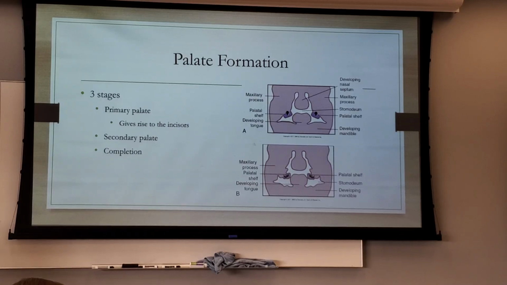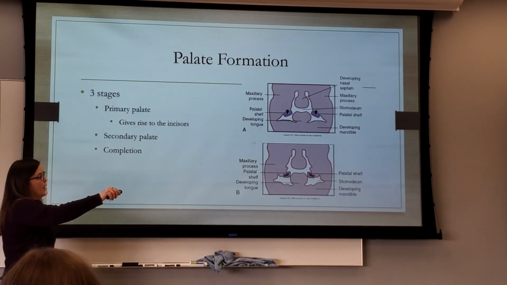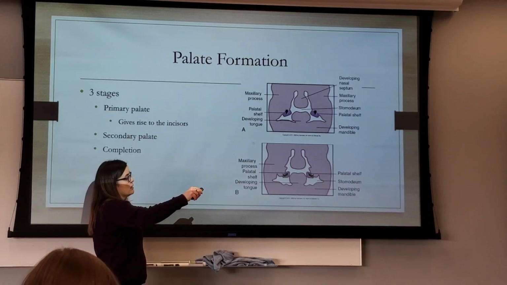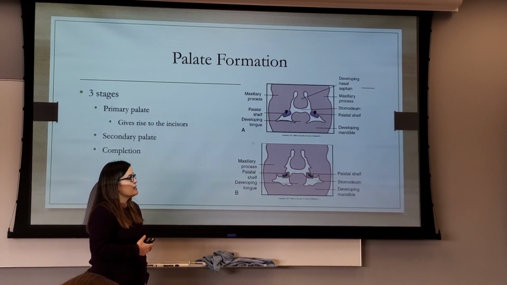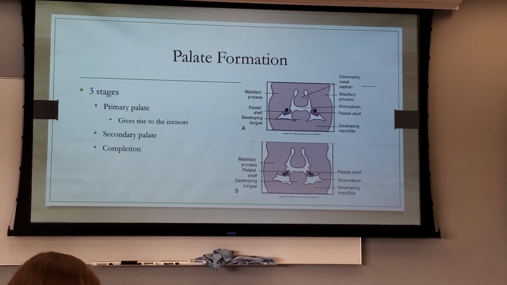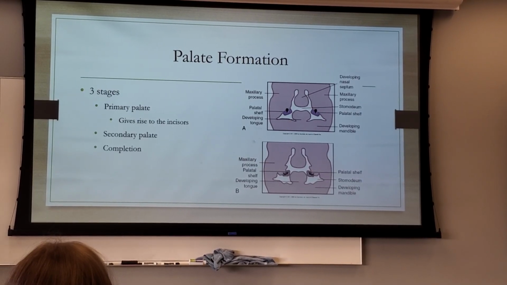In our top picture here, we can see our palatal shelves are starting to drop down, and our tongue is starting to develop, but it's still really anchored to the floor of our mouth at that point. So when those palatal shelves are going vertical, our tongue is still anchored to the floor of our mouth.